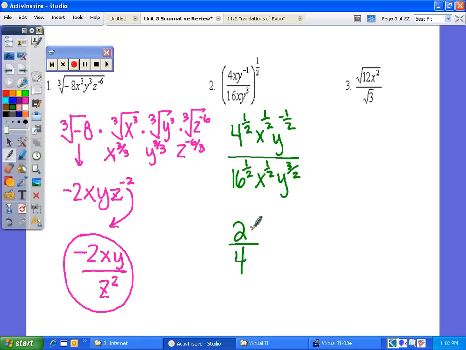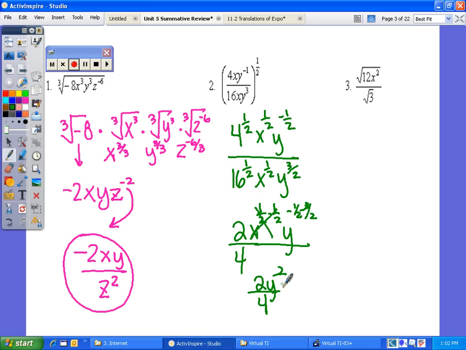When you subtract 1/2 minus 1/2, you get 0. And when you subtract -1/2 minus 3/2, you get -2. So you're left with 2 over 4. These cancel out. Y to the -2.